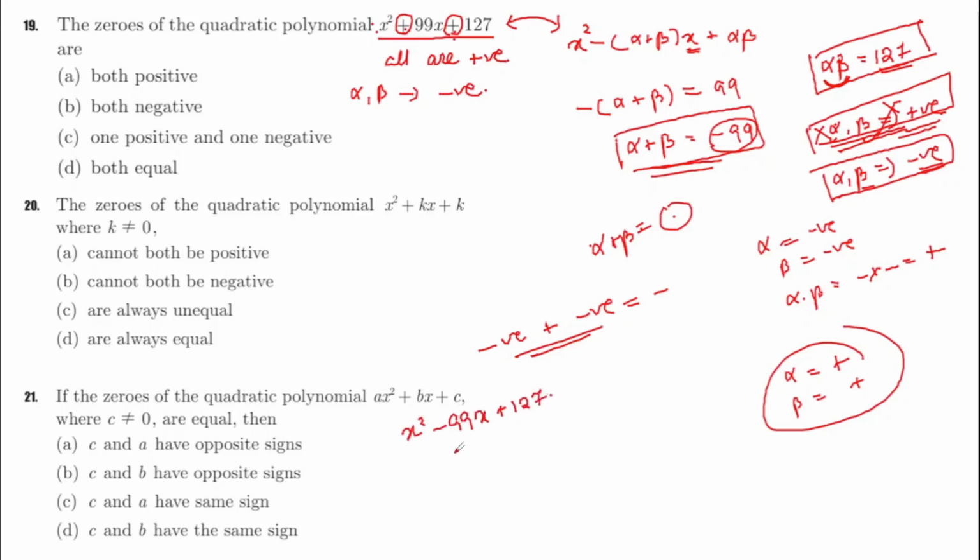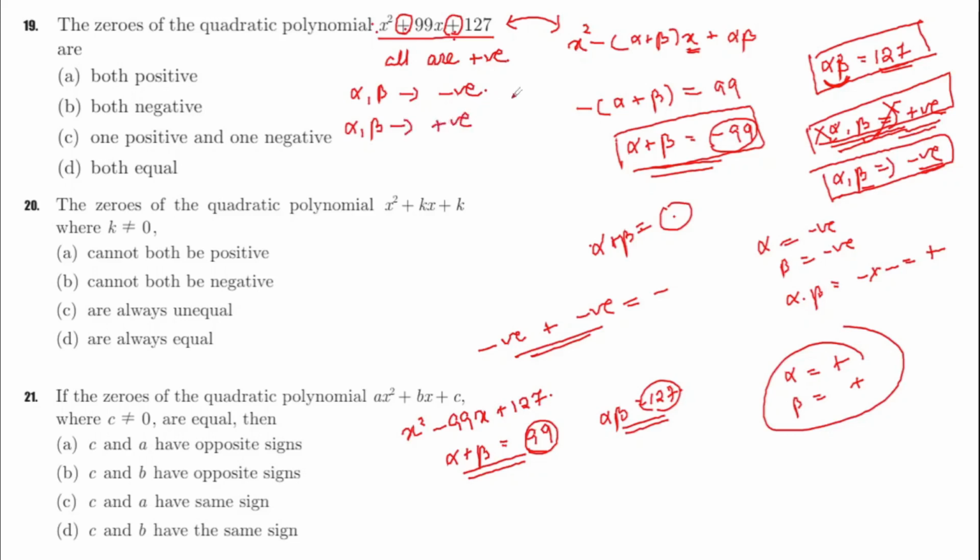Now here alpha plus beta will be positive 99 because minus b is there. So this will give you positive 99 and alpha into beta is 127. That means what happened here, sir? Now the product of two numbers is positive and the sum of the two numbers is also positive. That means both alpha and beta are positive.